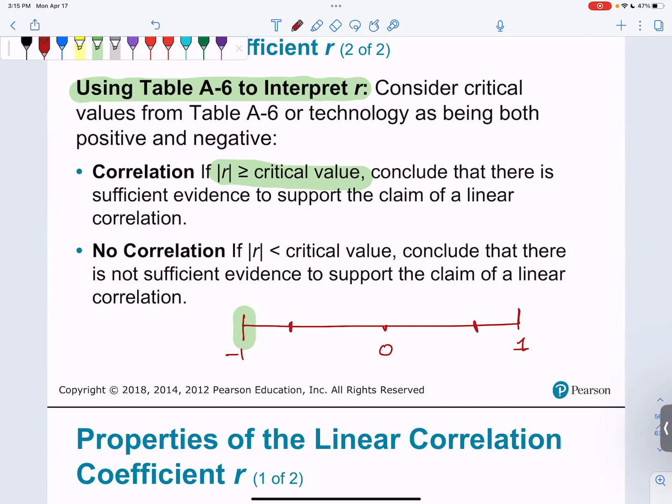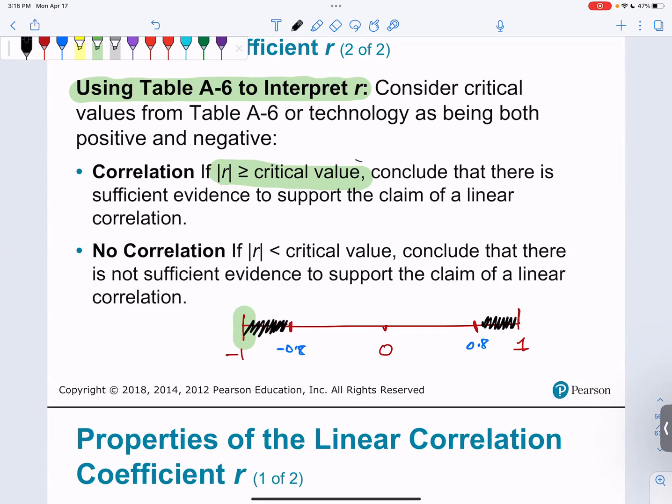The critical value will be positive and negative. So let's say 0.8 and -0.8, this is the critical value. If we have any value of correlation here or here, greater than or equal to the critical value, we say that we have correlation.